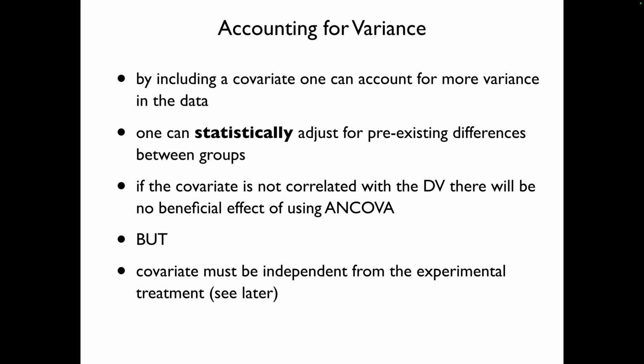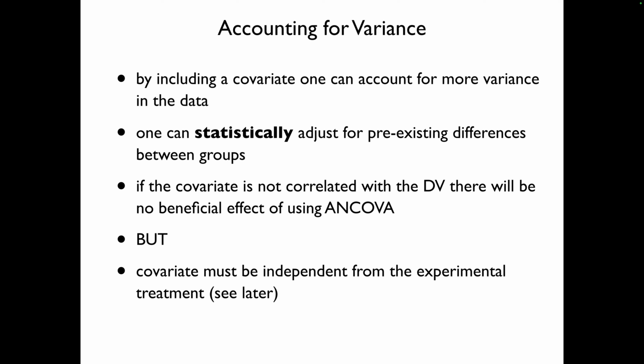I mean, if you plot x versus y, and the data doesn't appear to have any slope at all, then you can still include the covariate, but that beta parameter, the slope, is going to be estimated near zero. And so you're not going to do anything beneficial. You're not really going to reduce the error term, and you're going to have to pay for that using 1 degree of freedom. So it's not a good deal.